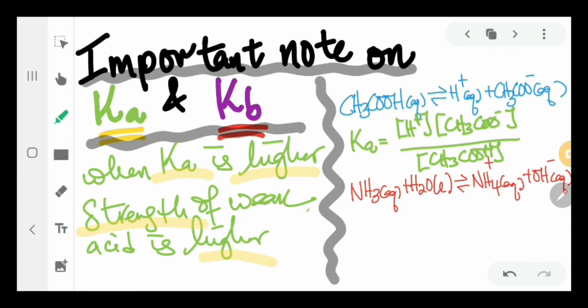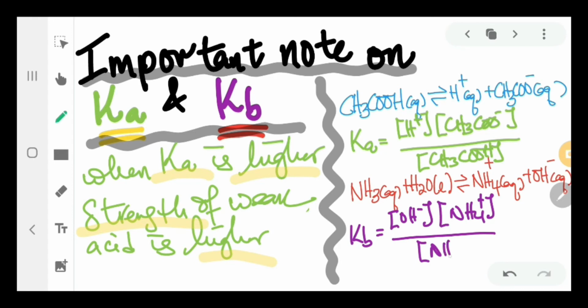Same goes for your base. If you look at your base, you have the concentration of OH minus on top, times the concentration of the positively charged species, over the concentration of NH3. We're not going to include your water molecule because that one is a pure liquid.